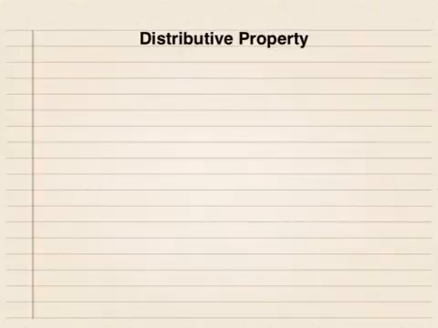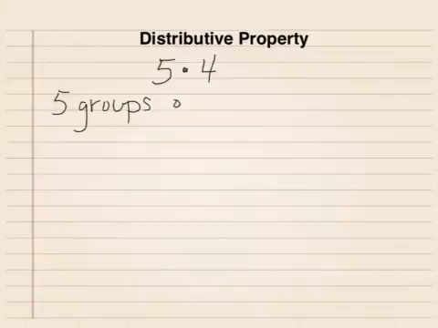And so let's say we have this 5 times 4. Rather than saying 5 times 4, let's think of it as 5 groups of 4, where the 5 tells us the number of groups, and the 4 represents the amount in each group.